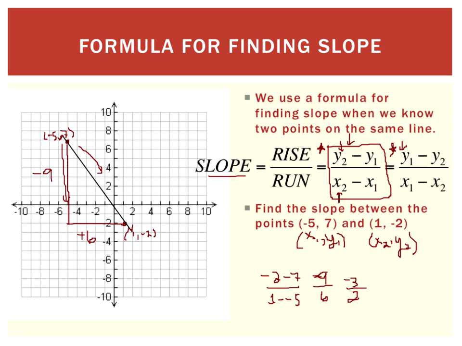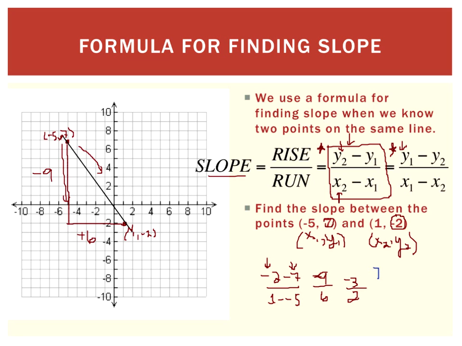Yes, James's question is, I used y2 minus y1. Yes. You can see that negative 2 is the y2, and 7 is the y1, and notice that it is subtraction. So I did use that. If I did it the other way, which I can show real quickly, we'll pick a different color, I would get the same thing.